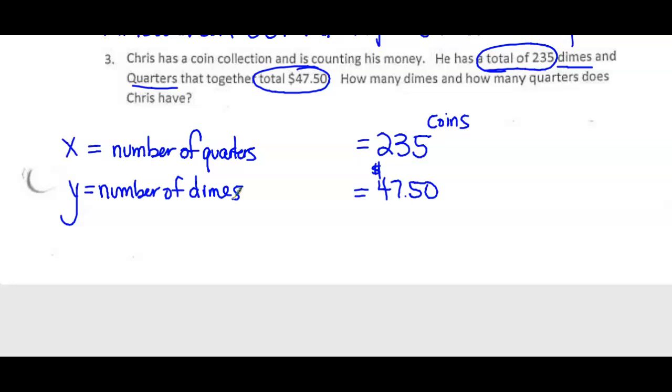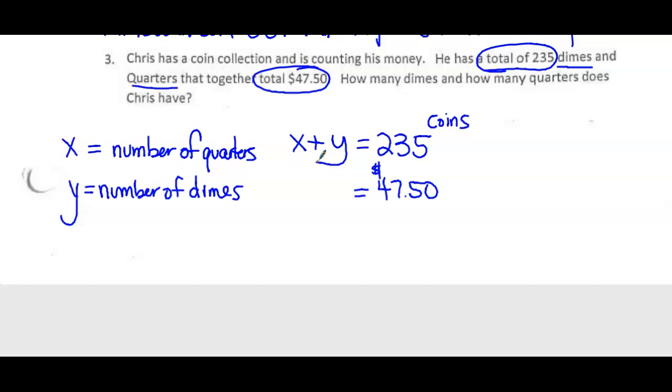It's okay. But use your words that are measurable. Now, one of these equations has to have X plus Y. Number of quarters plus the number of dimes. So think to yourself, would it be with the 235 or the $47.50? The X plus Y needs to be with the 235. The second equation is where some students make a mistake. Quarters are 25 cents. Dimes are 10 cents.